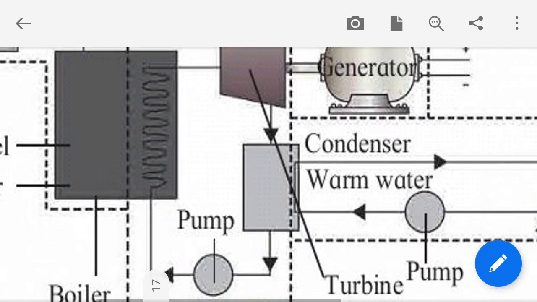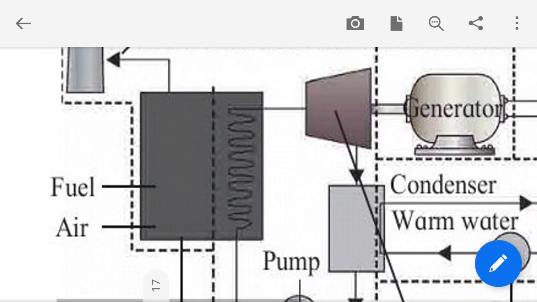Then here we have the boiler. In the boiler, there is a fuel. In this power plant we are using coal as a fuel, and when we carry out combustion of this coal in the presence of air, we get thermal energy. So here thermal energy or fire is produced.